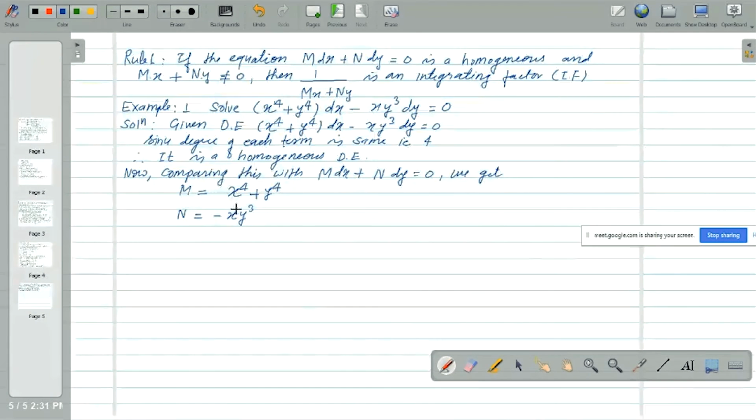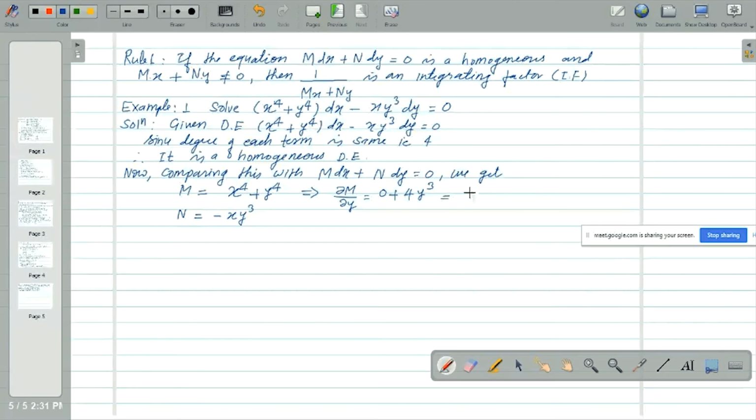Now just differentiate this. First differentiate with respect to y: dou M by dou y equals, if you differentiate with respect to y, x is constant, so the first term is 0, plus the derivative of y raised to 4 is 4y cube.